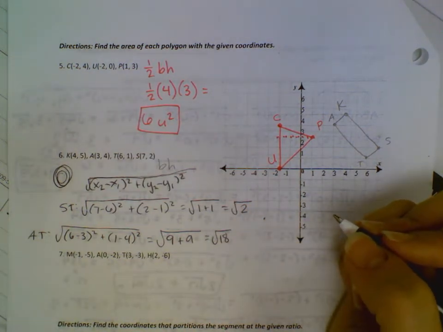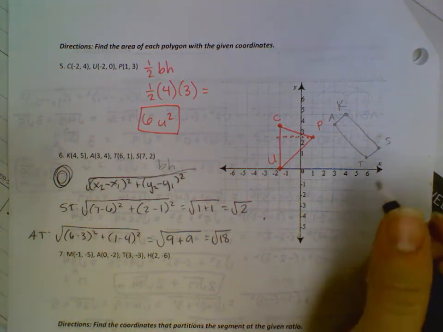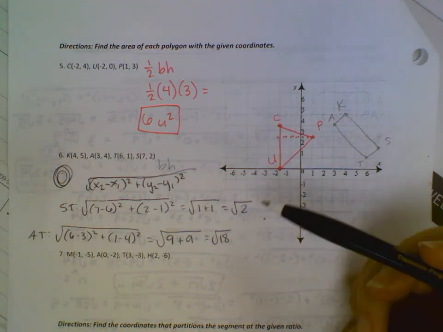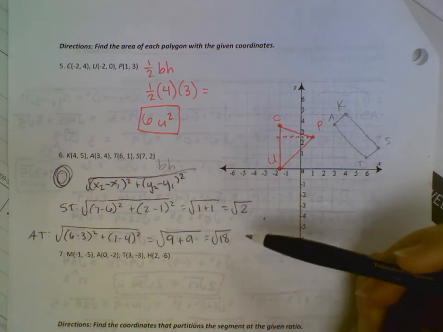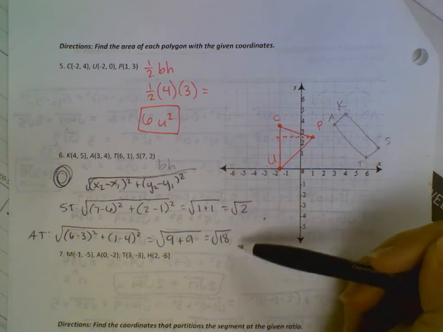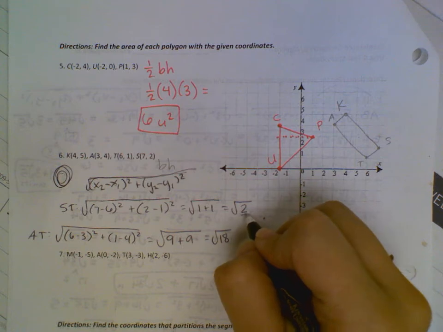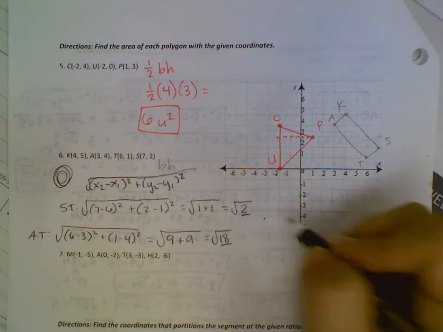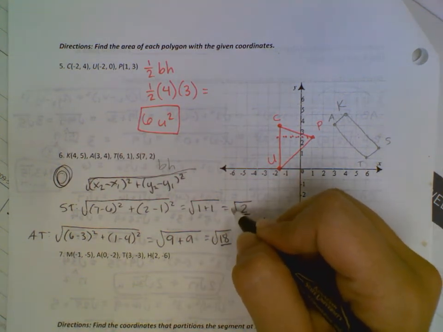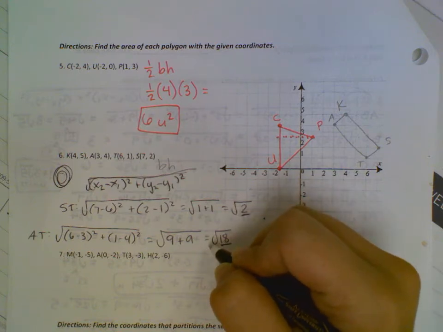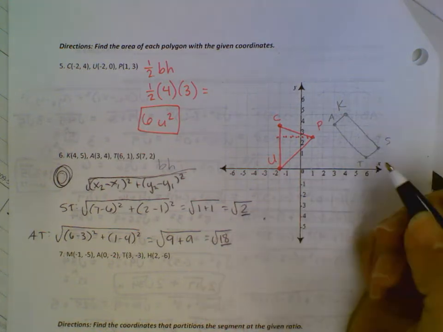In order to find the area, I need to multiply these together. Anytime you have numbers under the radical and you're multiplying them, you will multiply what's under the radical together. If there was a coefficient, you would multiply this coefficient by this coefficient. There are no coefficients, so we don't need to worry about it.